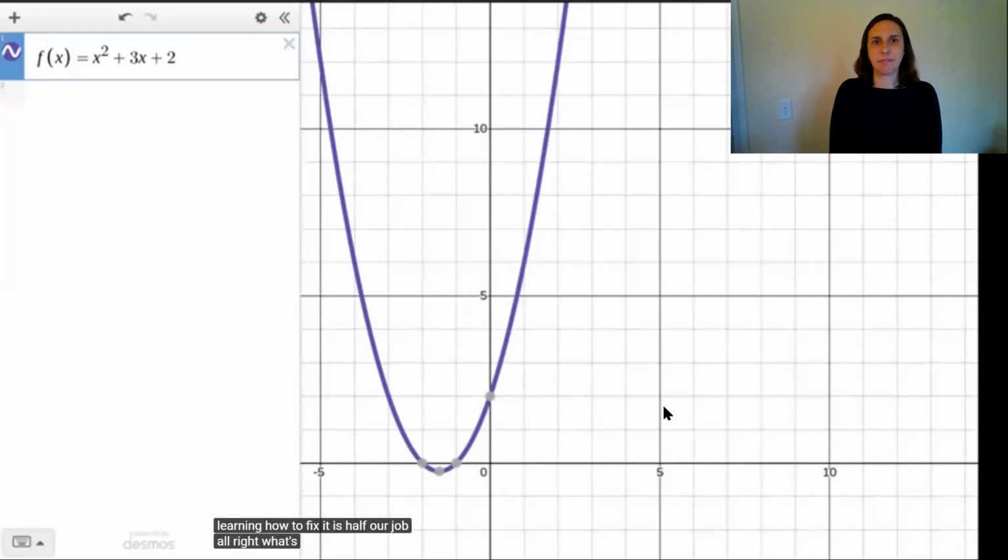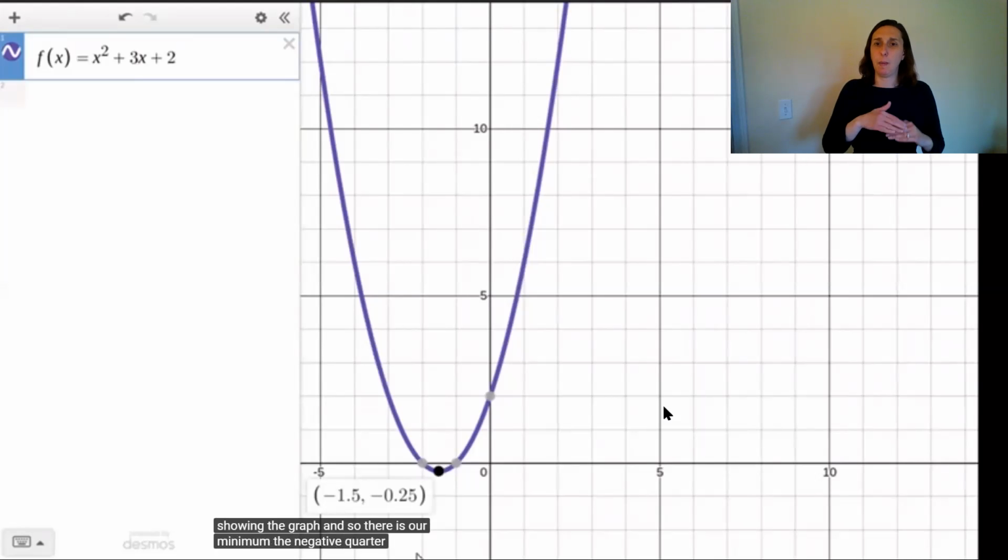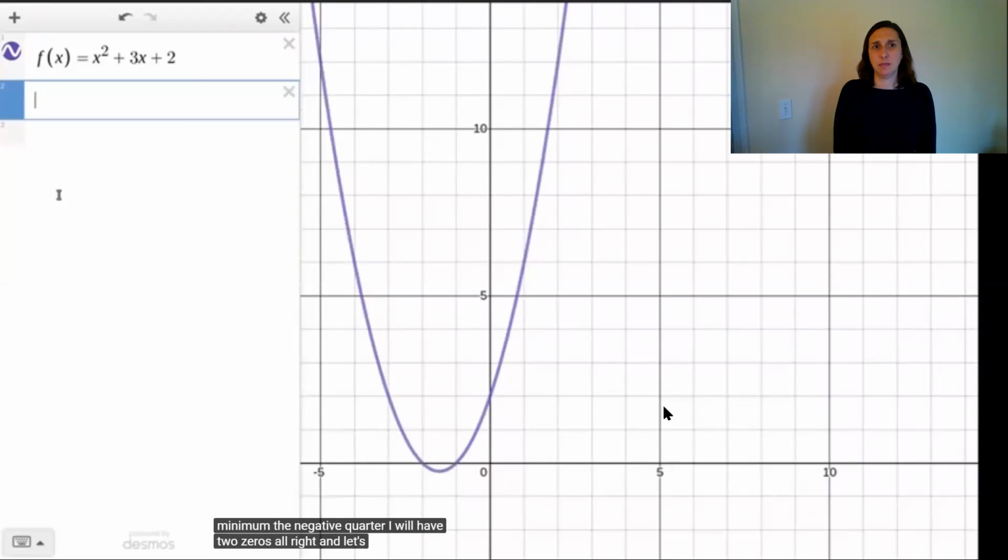All right, back to the graph. And so there's our minimum, the -1/4. I will have 2 zeros. All right, and let's look at g of x.